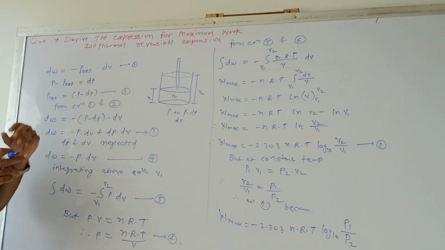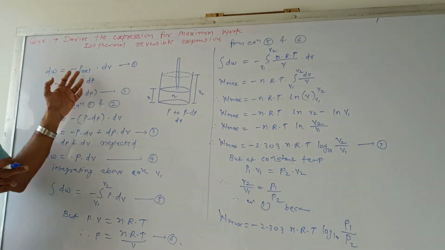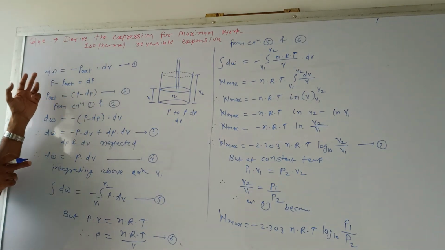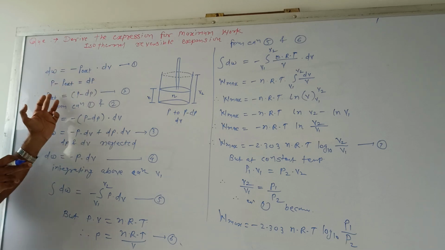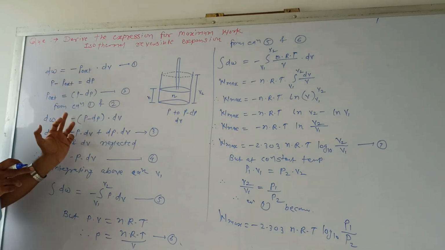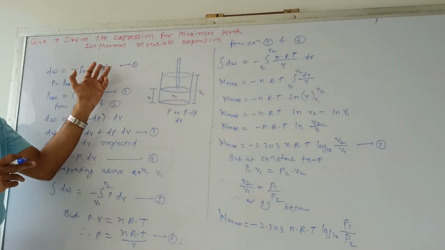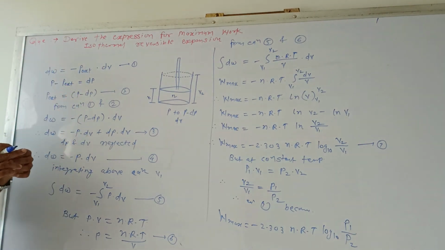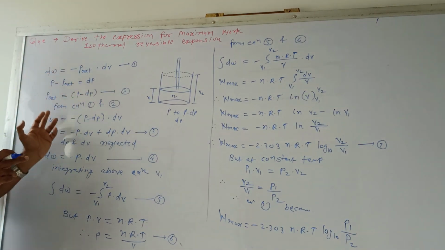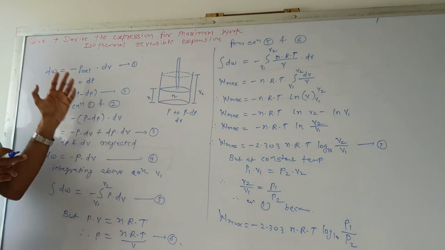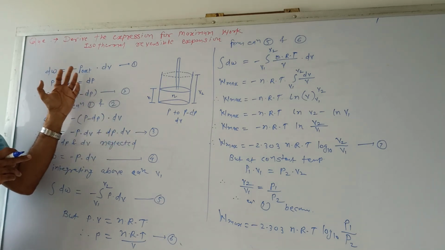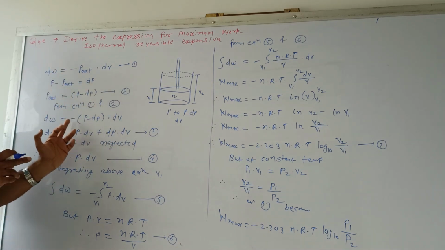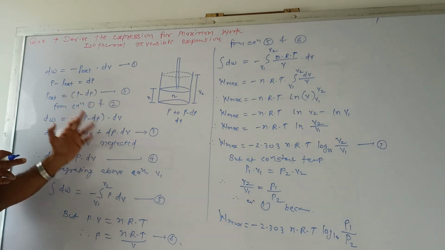Now from equation 1 and 2, placing the value of P external in equation 1, dW is as it is. P external is nothing but P minus dP, and the minus sign is there. dV is as it is. So equation 1 and equation 2 are combined: dW as it is, dV as it is, only we are placing the value of P external, minus sign as it is, P external is P minus dP.